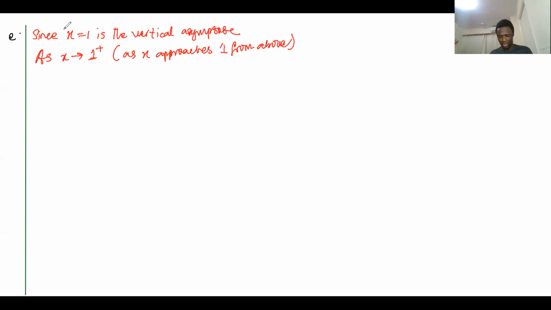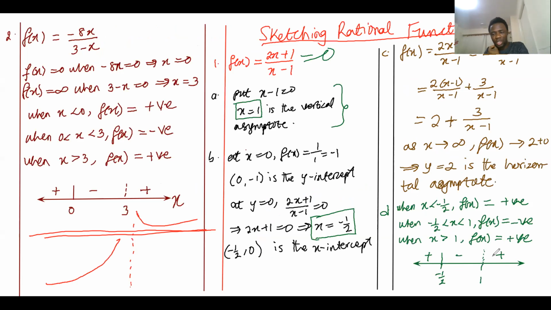So we say as it approaches, what happens? Because this is positive, f of x tends towards infinity. Here it will be f of x tends towards negative infinity.